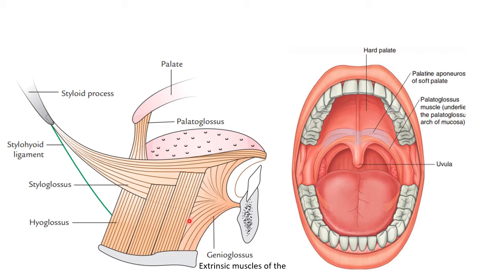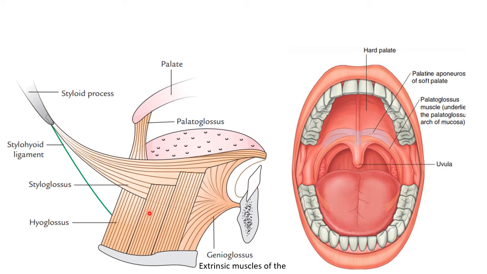Its action is that it pulls the tongue forward. The two genioglossus muscles acting together pull the tongue forward and cause protrusion of the tongue.